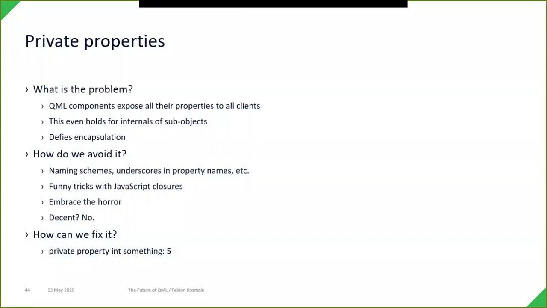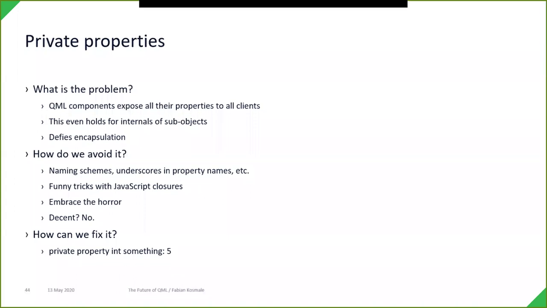Lastly, some nicety, private properties. There's currently a problem in QML that you cannot really hide anything in your QML components. You can even access it in terms of sub-objects. And if you ever heard something about encapsulation, that isn't it.